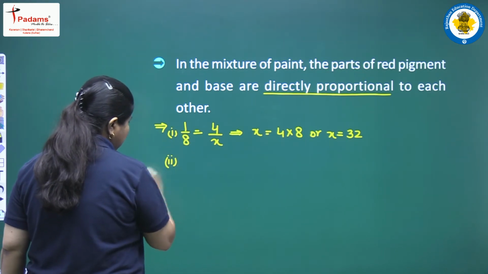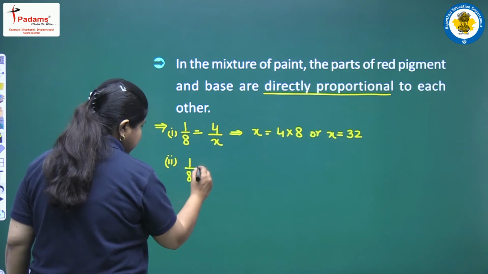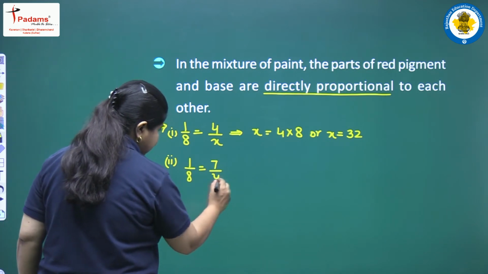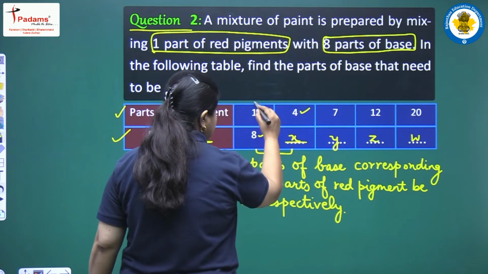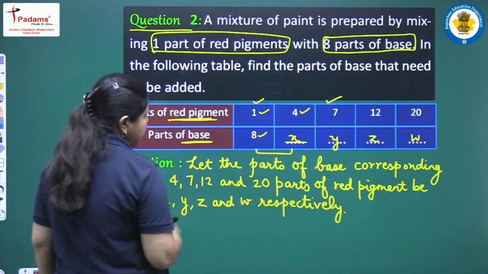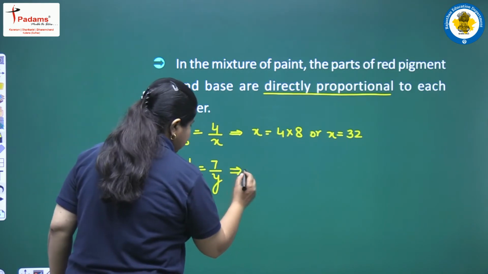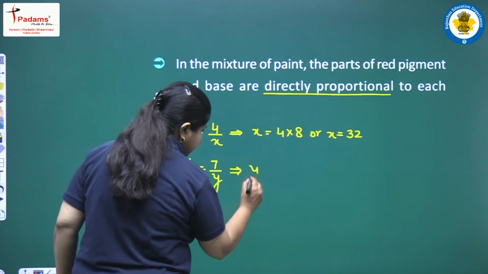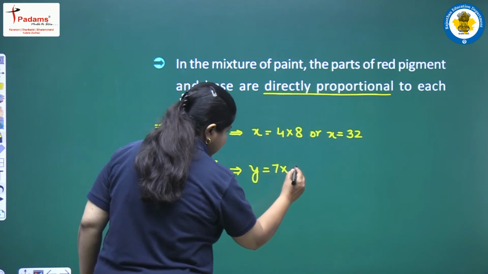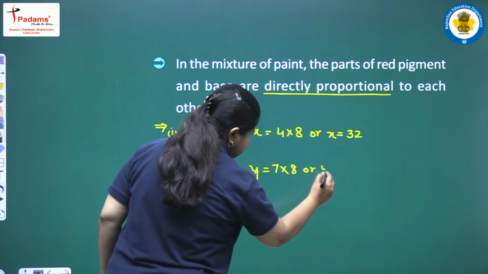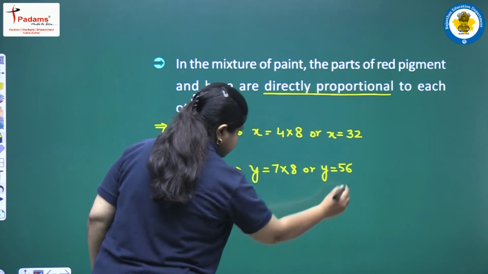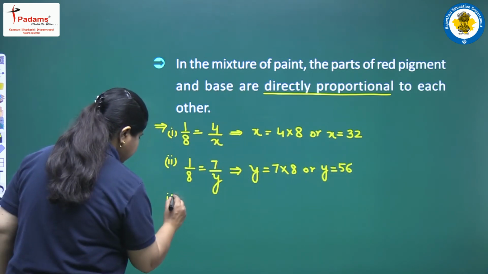Then for the second one we have 1/8 equal to 7/y. अब हम इन दोनों ratios को equate कर रहे हैं. And so here this implies, on cross multiplying, y is equal to 7 into 8 और y is equal to 56.